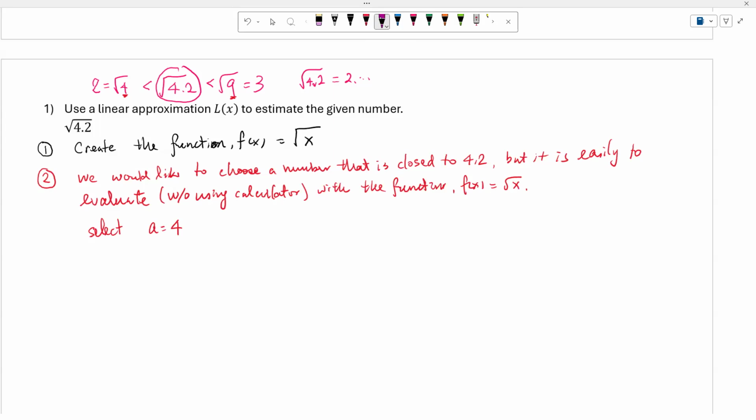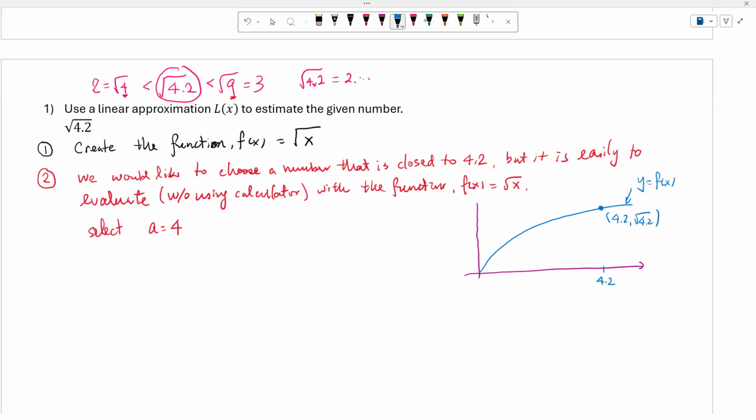If I look at the graph, this is exactly what we would like to do. Let me redraw the picture or diagram that we have. This is the value that we are looking for, the square root of 4.2.